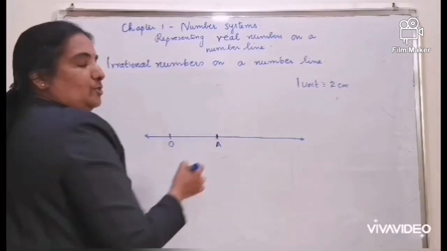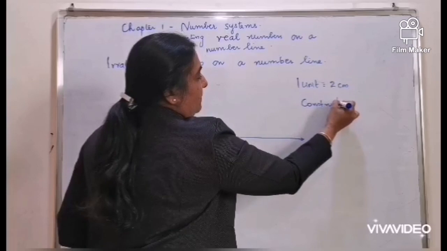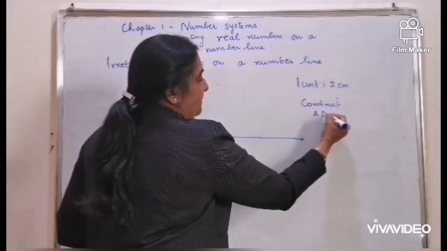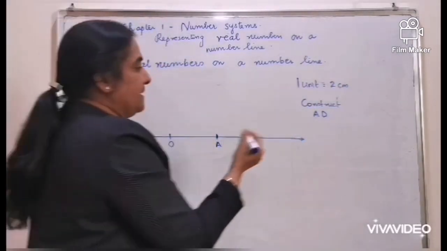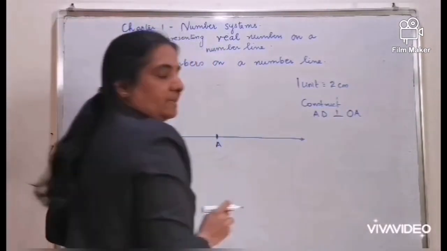At A, you have to construct AD and it should be perpendicular to the length of OA.